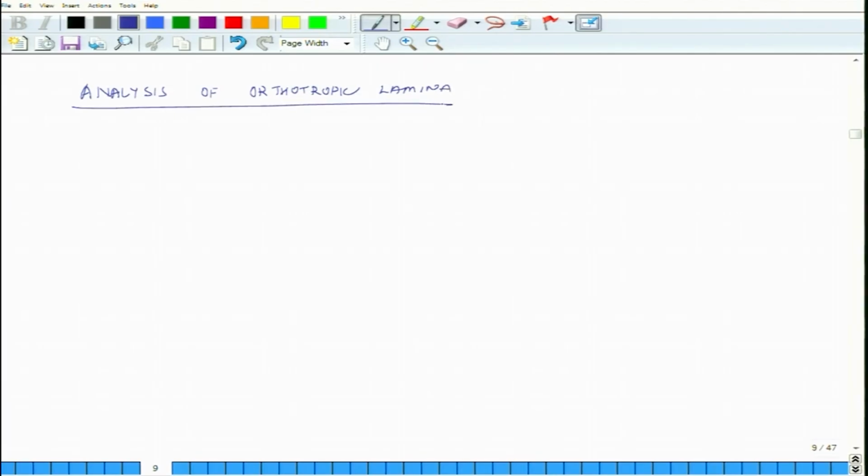And we have discussed what an orthotropic lamina is, but for purposes of completeness we will just quickly recap what orthotropy implies. So first we will consider an isotropic material.